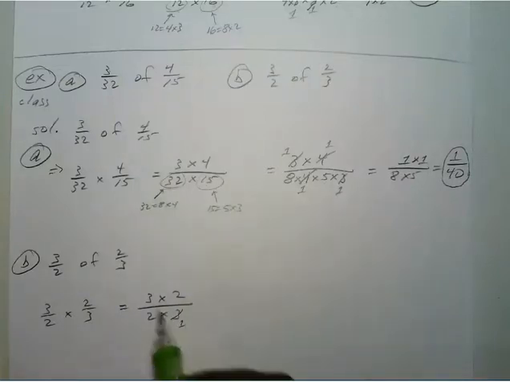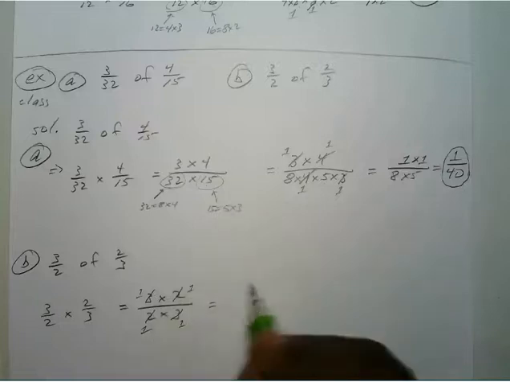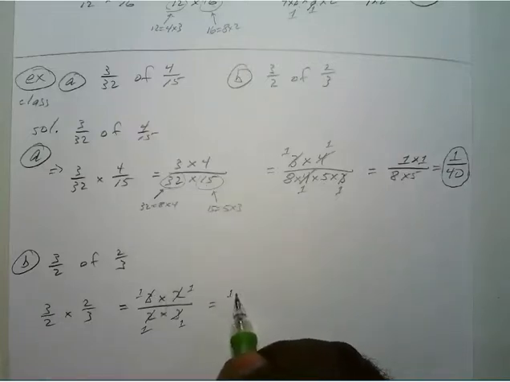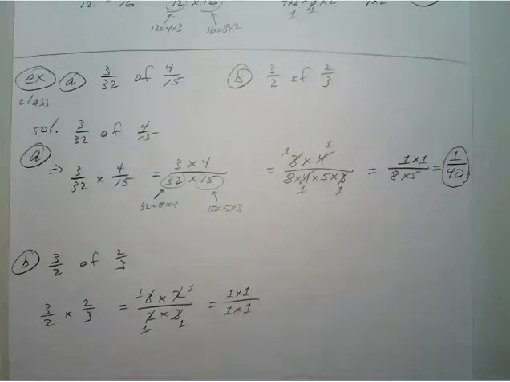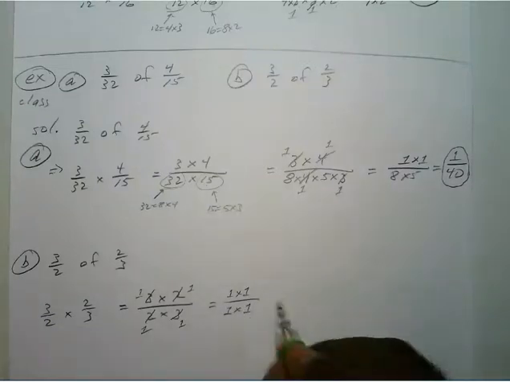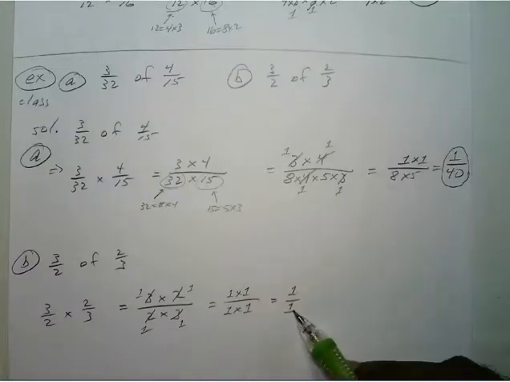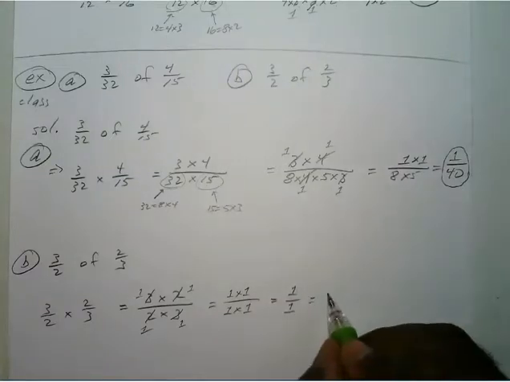This 3 cancels, and that 3 cancels and becomes 1. This 2 cancels, and this 2 cancels and becomes 1. So you end up with 1 times 1 over 1 times 1, which is 1 over 1, and any value divided by itself is equal to 1.